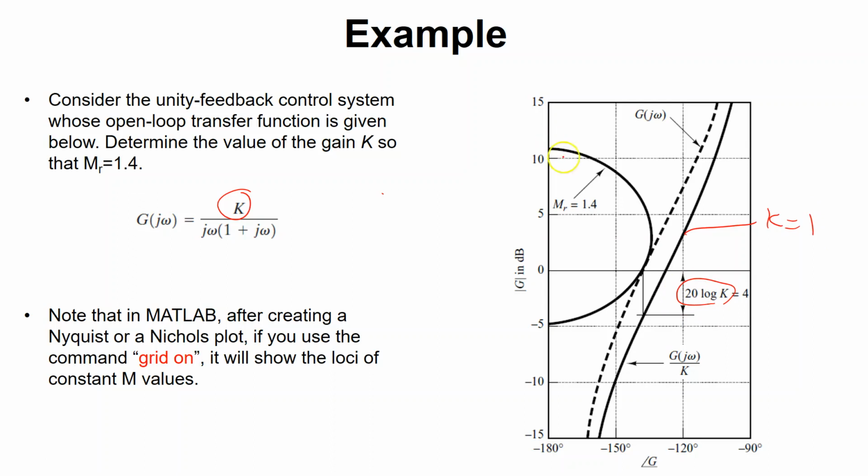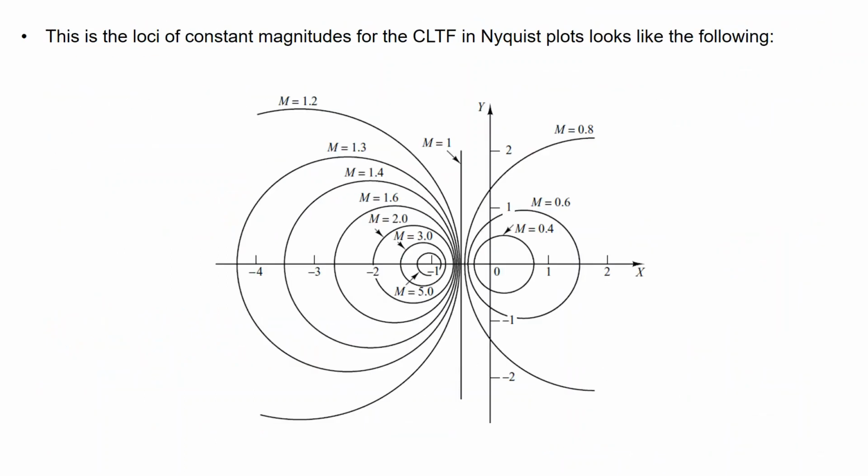Now, how does the locus of M_r equal 1.4 look in a Nichols plot? I just showed you that in a Nyquist plot, so this is a Nyquist plot. In a Nyquist plot, the loci for different M's look like these circles.